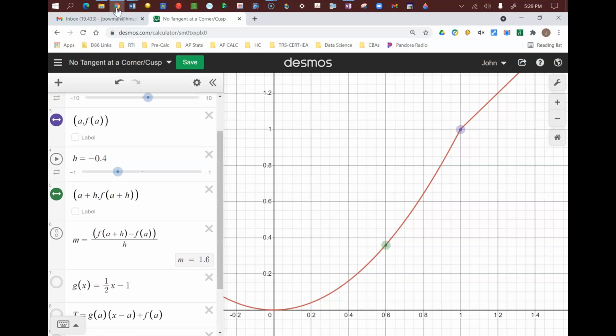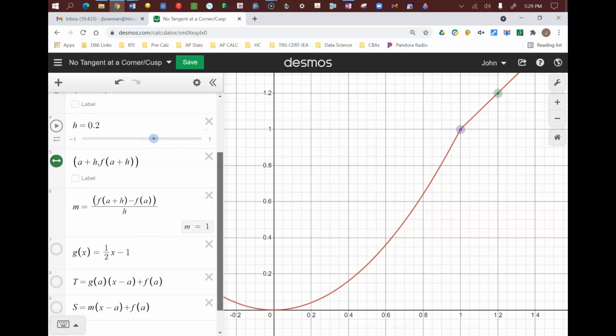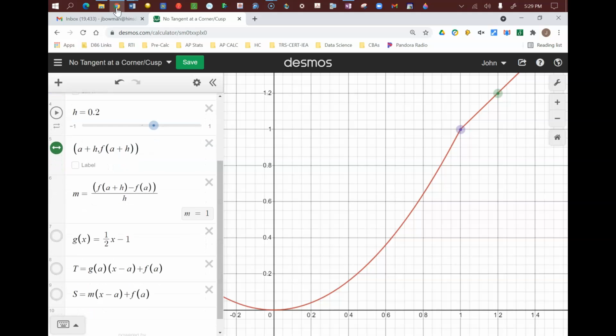So our purple point is the point where we're trying to find the derivative. The green point is to the left of x equal 1 when h is negative. It is to the right of x equal 1 when h is positive. And we are going to draw in the secant line. And there's our secant line.